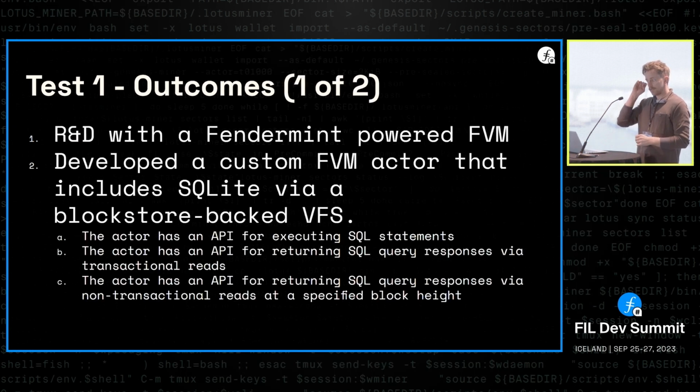We did a little bit of R&D with a Fendermint-powered FVM, and I actually have a slide of links so you can dig into some of what we did there. We developed this full FVM actor that runs a full SQLite node, with a virtual file system-based block store. The reason that piece is cool is, the way SQLite stores data behind the scenes is a paging-based database.